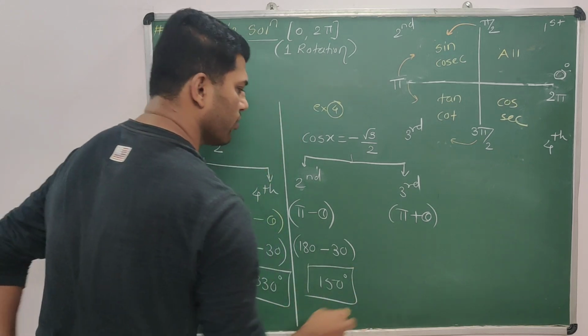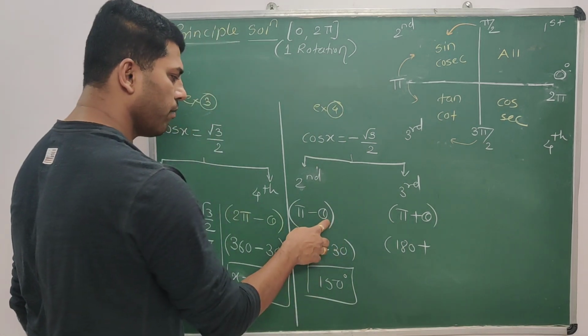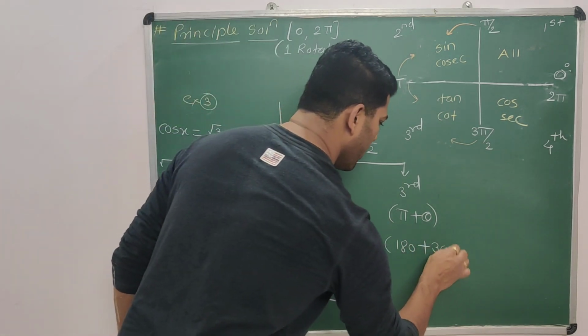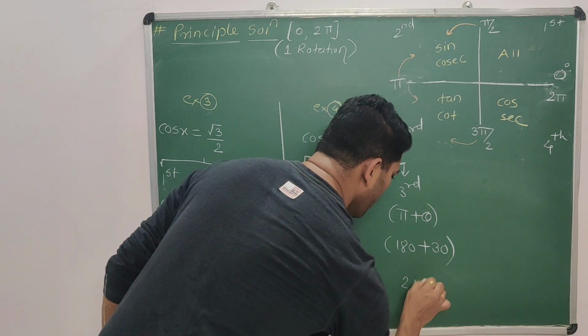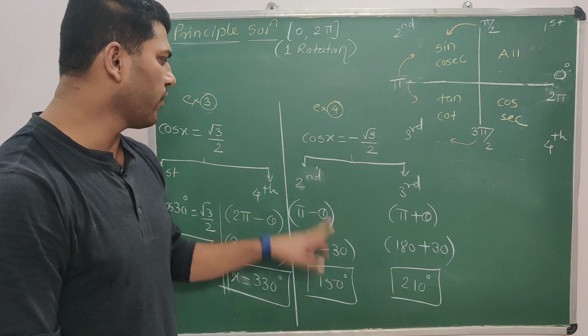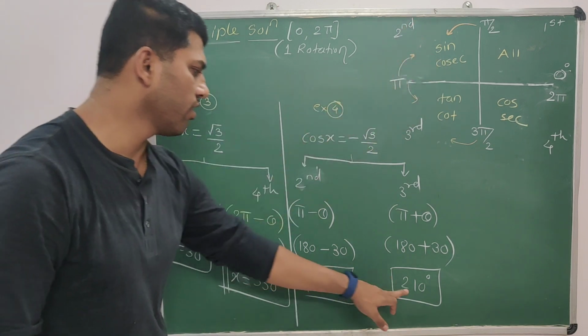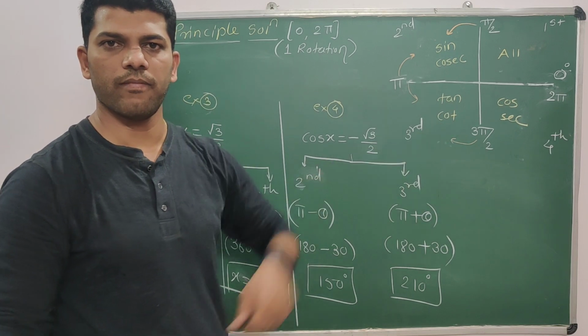Pi means 180 and the basic angle theta is 30 degrees for this value. So 180 plus 30, that is 210 degrees, is the next solution. Observe this: 150 degrees lies in the second quadrant while 210 degrees lies in the third quadrant.